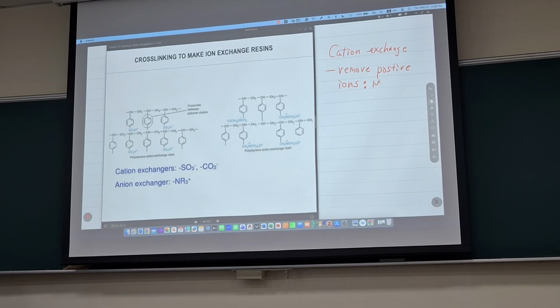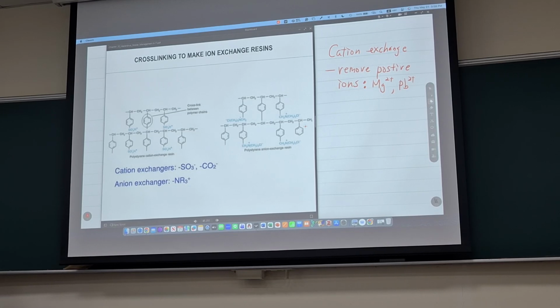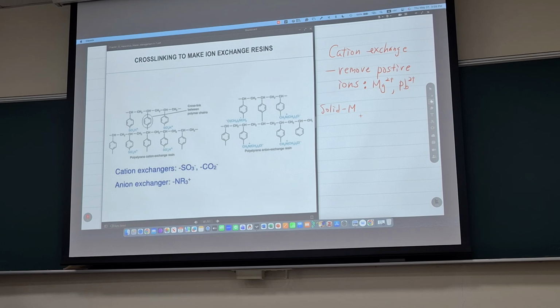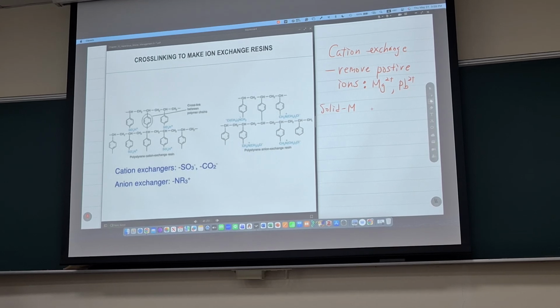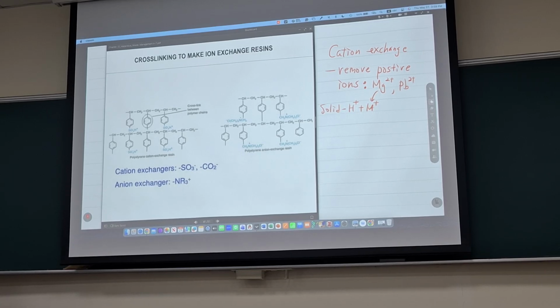Such as magnesium, such as lead, those heavy metals. So the idea is we have a solid with H. And those are heavy metals we want to remove, right? So the reason we call it exchange, right?